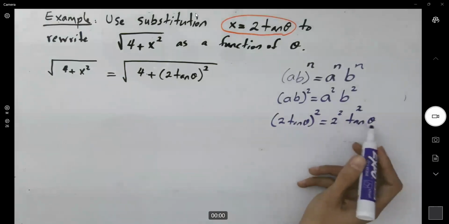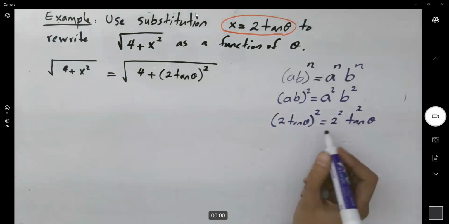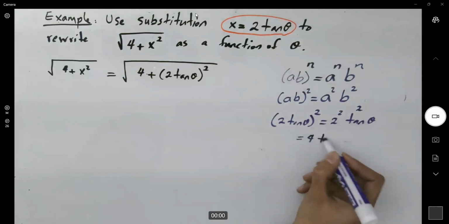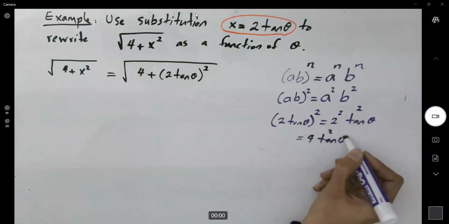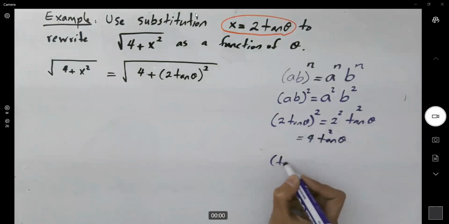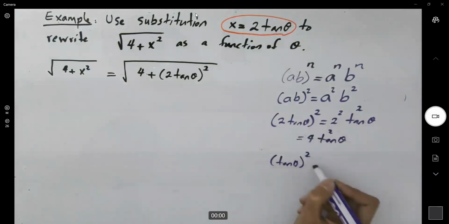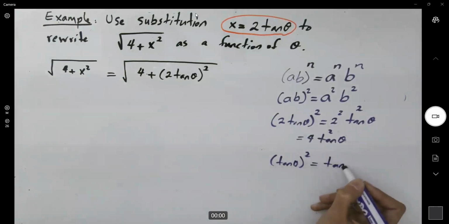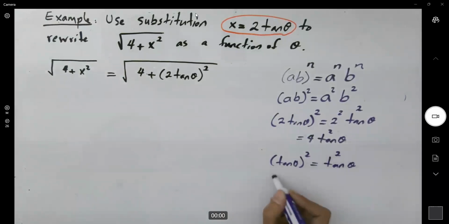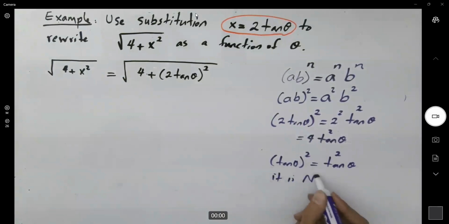Becomes 4 times tangent squared of theta. Again, recall that tangent theta to the second power is tangent squared of theta. They are different from each other.